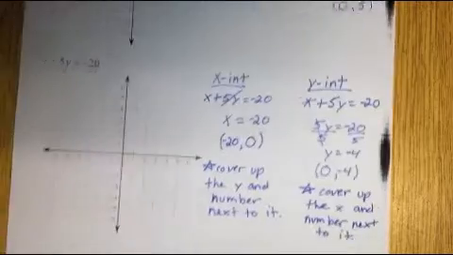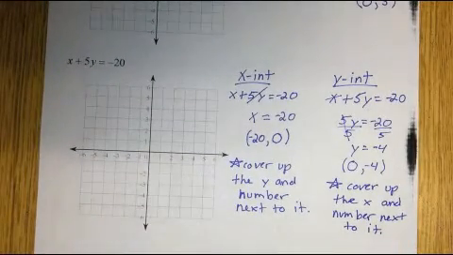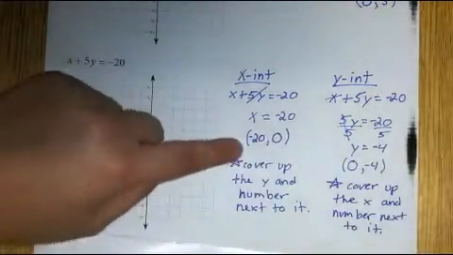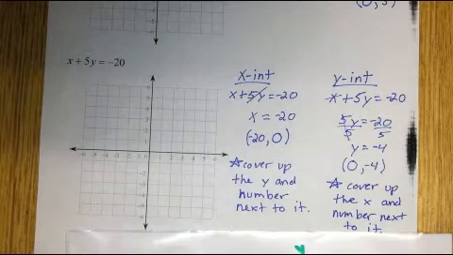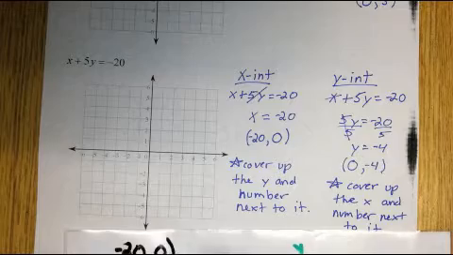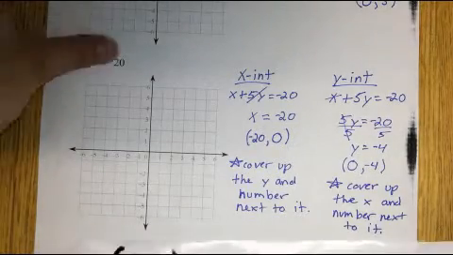Now, you should be going, ooh, that's not going to fit on my table. It's okay. I got extra graph paper. So let's take a look. Remember those points, -20, comma 0, and 0, comma -4. Let's go ahead and plot this.